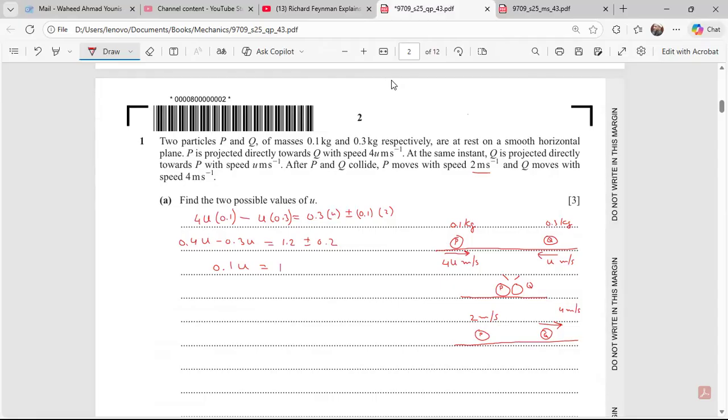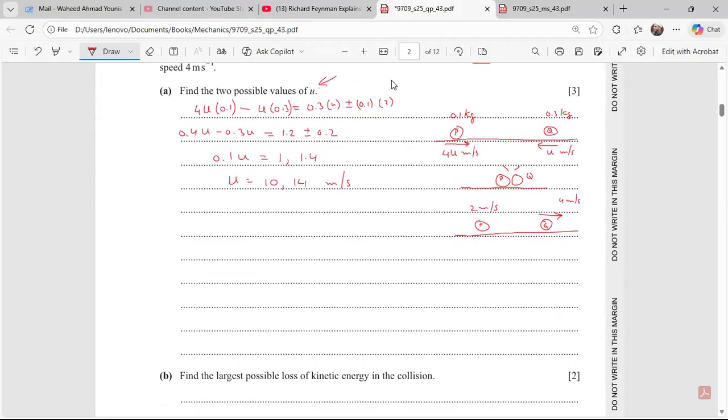If I subtract, it is 1, and if I add them together, it is 1.4. So u would be equal to, if I multiply by 10, 10 or 14 meters per second. So we found the two possible values of u. Okay, I hope it's clear.